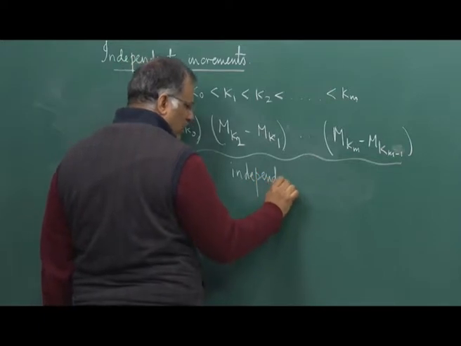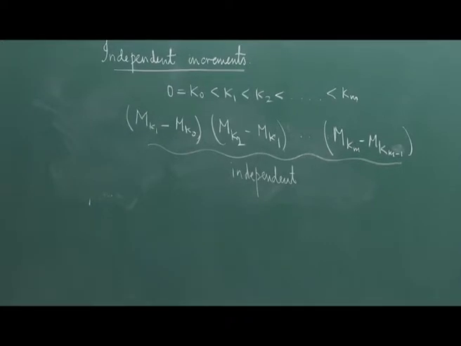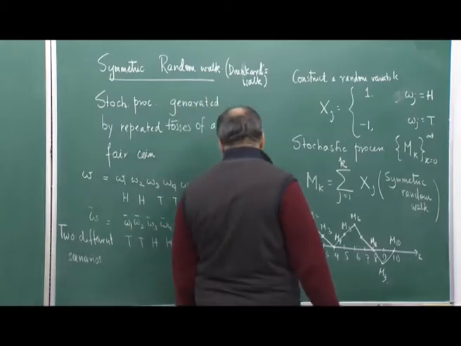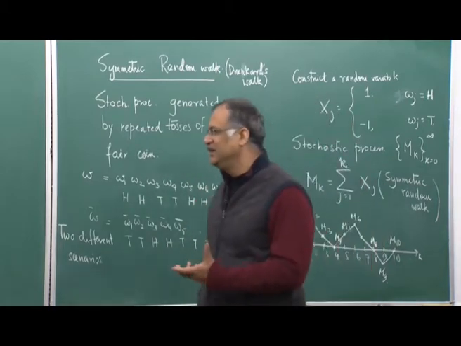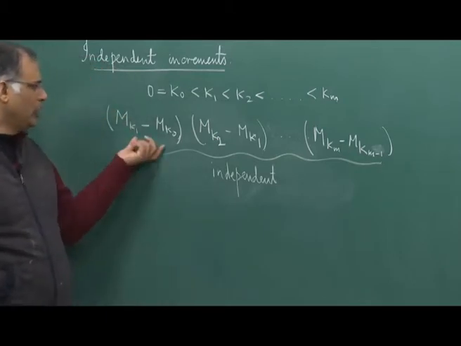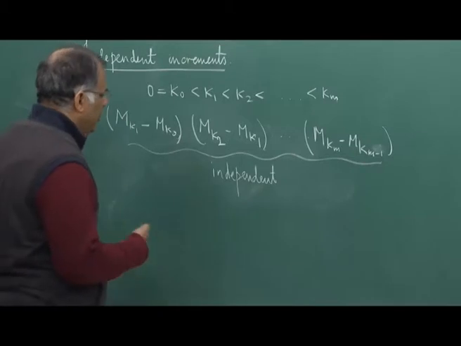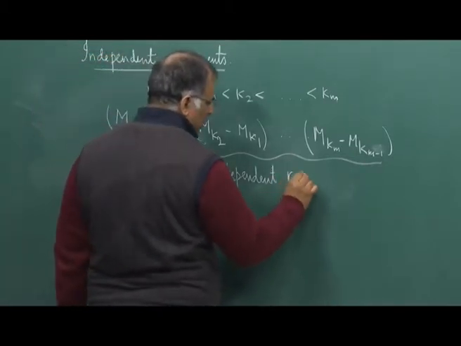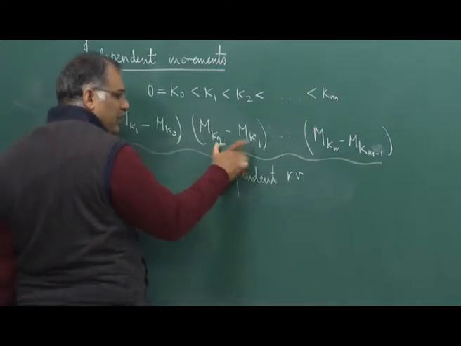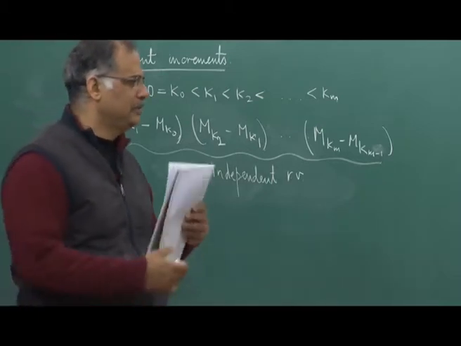Once this happens, this is when we say that it has independent increments. These are independent because their difference does not depend on the coin tosses here, so you have independent increments. So, this change that you see here does not depend on the change that you see in this interval or in this interval, right.